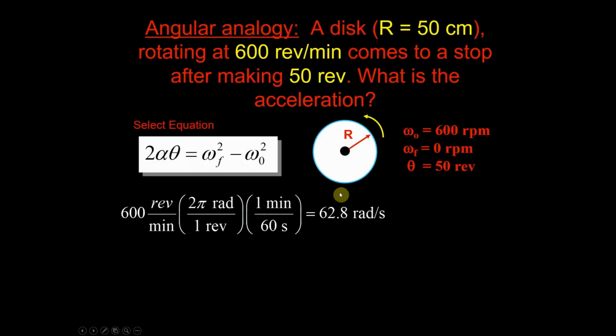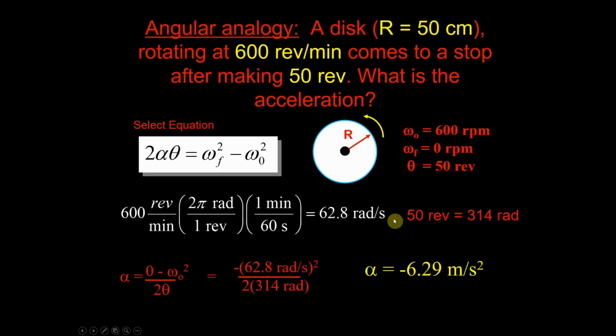Convert. Remember to convert. 600 RPM, 2 pi, 60 seconds. 2 pi radians over 60 will give you 62.8 radians per second. 50 revolutions, however, is 314 radians. So alpha here is going to be whatever our original omega was squared divided by 2 theta.